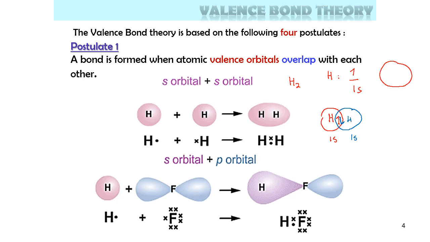For the next example, if you have hydrogen fluoride, the overlapping is between s orbital and p orbital. So the overlapping will be in this form, but later I will show you how to draw it.